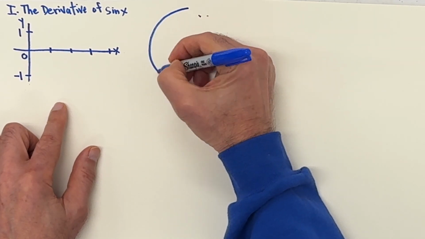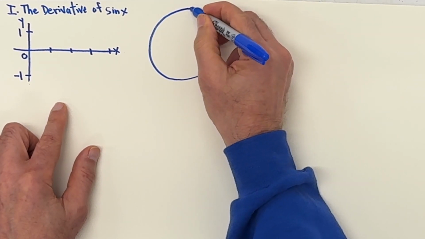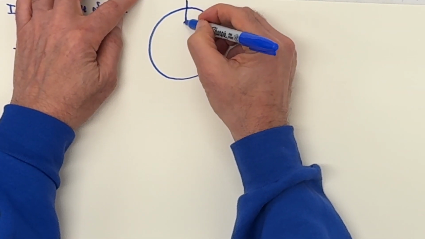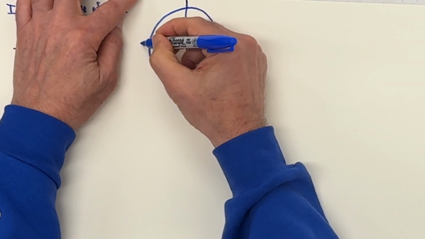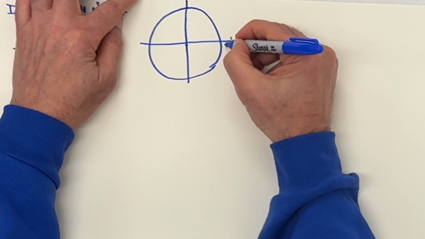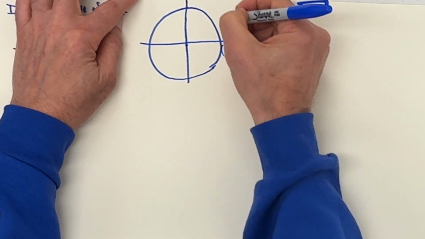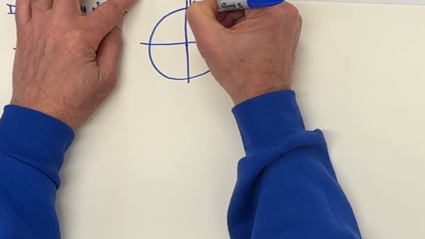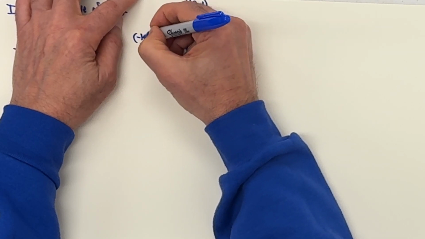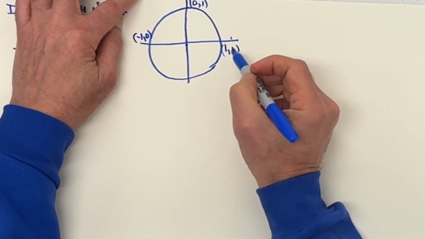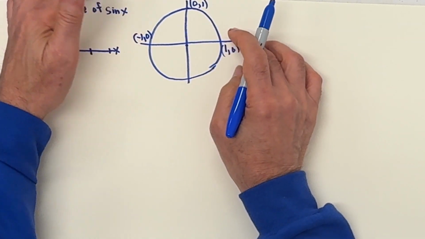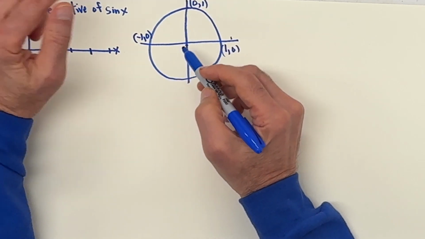Now to review the sine, if we look at the unit circle here, and let's put coordinates, here would be 1 and 0, here is 0 and 1, and here is -1 and 0. The first one is your horizontal. Now I'm not going to call that x because I would like to call the angle x.